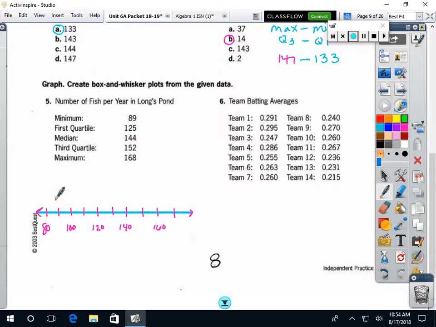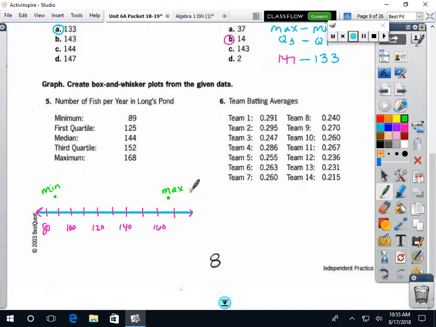So 89 would be a hair before that line. Then I'm going to label that min. Now we need to do our maximum, which is at 168. This is 160, that's 170, so 168 would probably be about right there. It's just an estimate because this is a hand-drawn graph.